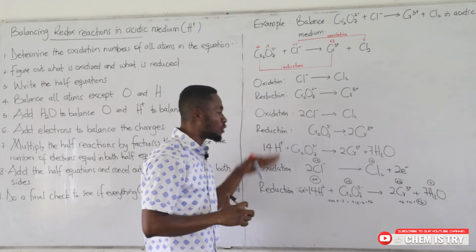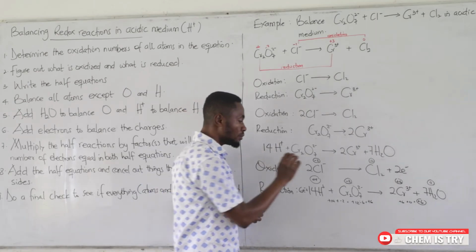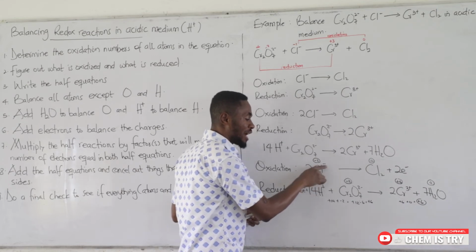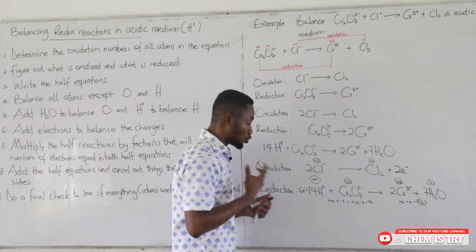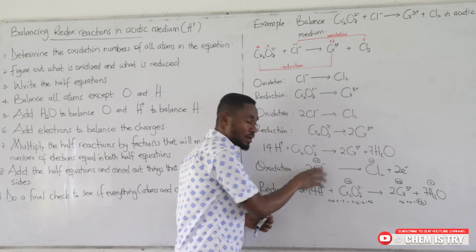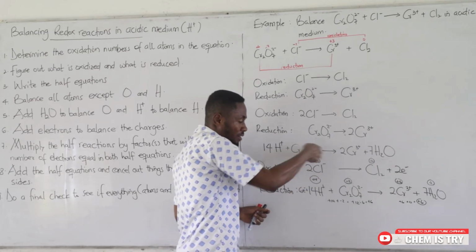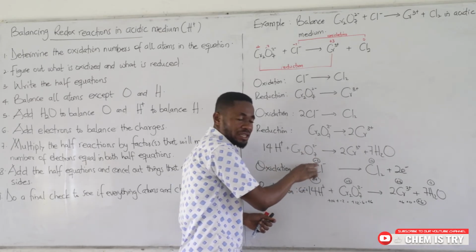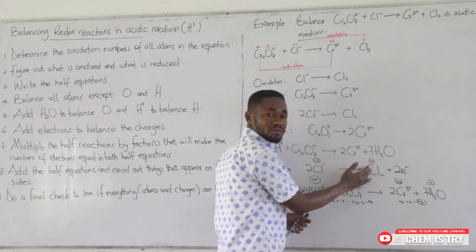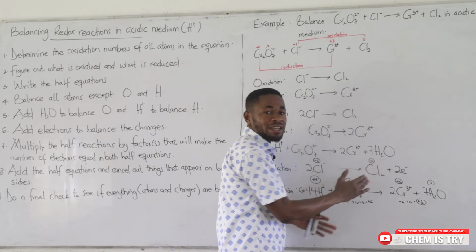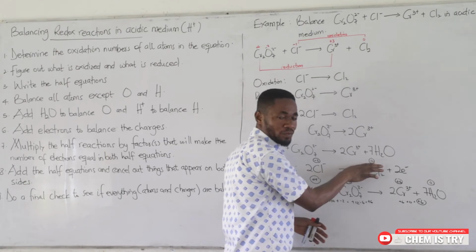I'm taking the balancing of the charges once again with the oxidation half equation. The chloride ion has a charge of -1, and we have 2 of the chloride ions. So the total charge will be -1 times 2. The total charge at the reactant side now becomes -2. At the product side, we have chlorine standing there all alone, and it is not charged, so its oxidation number is 0.